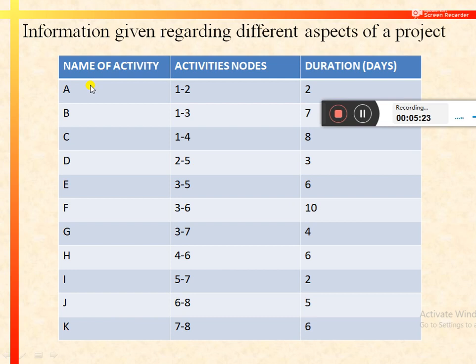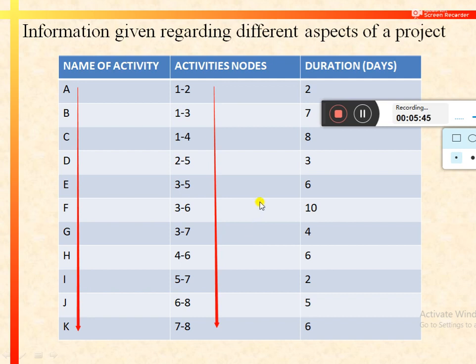The activities involved in a particular project are given in the first column, which are named A, B, C, D, E, F, G, H, I, J and up to K. In a similar way, the activity nodes are given in the second column, and in the third column the time duration to complete a particular activity is given.